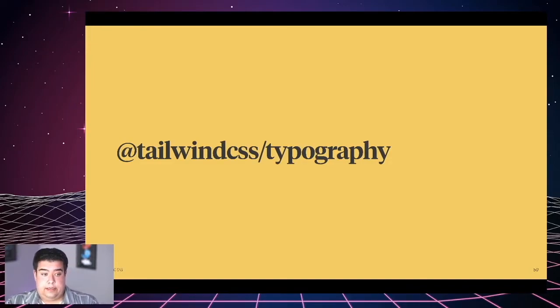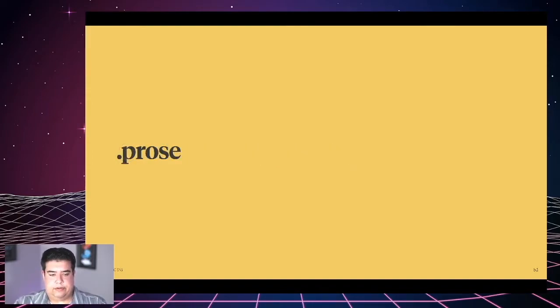So this Tailwind typography plugin is super powerful because once we install it, it gives us access to this magical prose class. So the way it works is you add this prose class to your wrapping elements of wherever your WYSIWYG content is going to be spit out in your template.